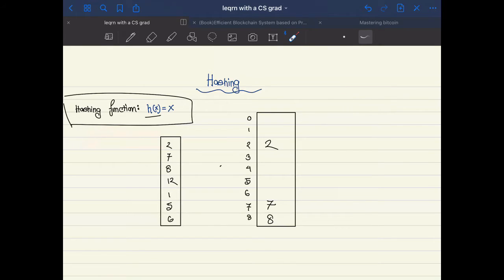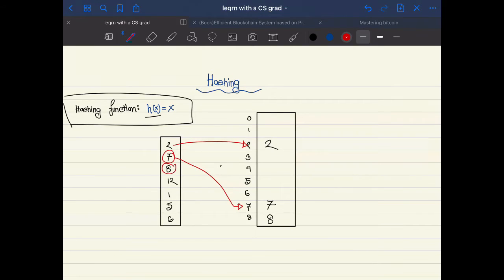So this is the hashing function, which is h(x) = x, and these are the values that we would be working on, and this is the array that we'd be putting these values into. The value 2 goes into array index 2, which we already did, and for 7 we put the value 7 into index 7.